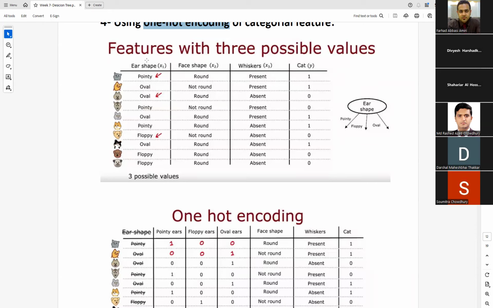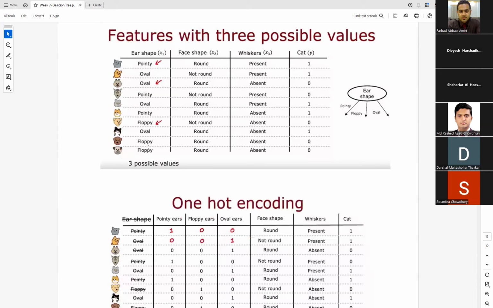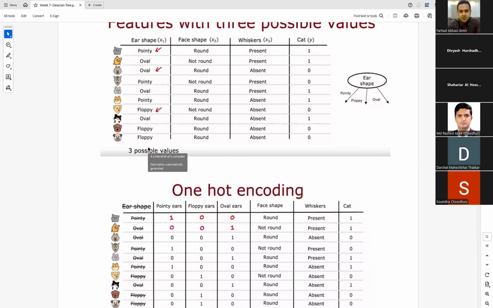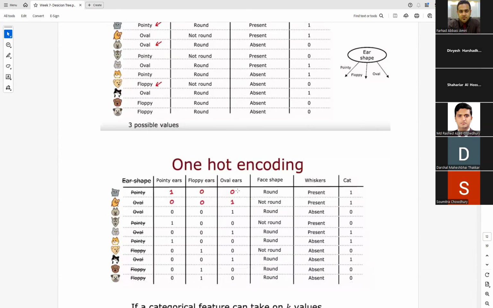Then instead of the first column, which has 3 possibilities, we make 3 new columns, one for each possibility of the ear shape. So we have pointy, oval, and floppy, 3 possibilities.